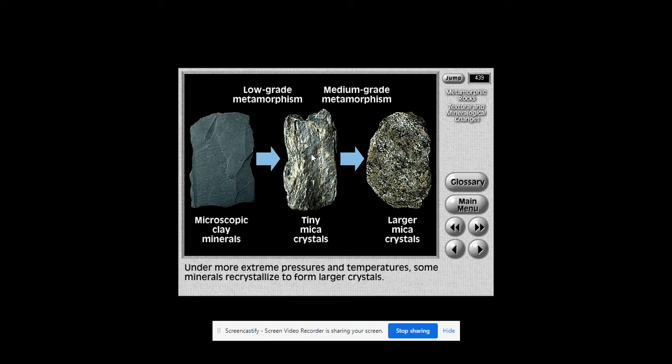The phyllite derives from the same word as phyllo-pastry. That's what flaky is made of, phyllo-pastry, or a croissant. And so phyllite is derived from the same word: slate, phyllite, schist. And this is deeper inside the earth, higher temperatures and pressures.